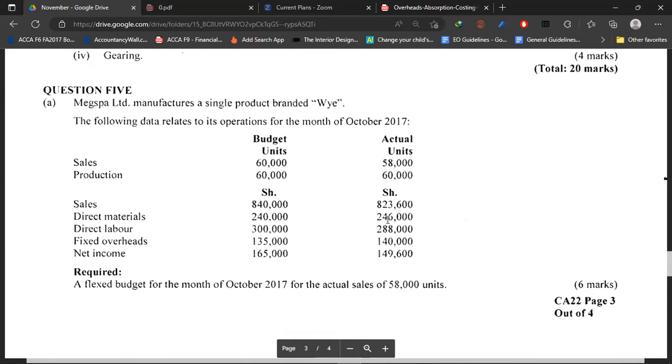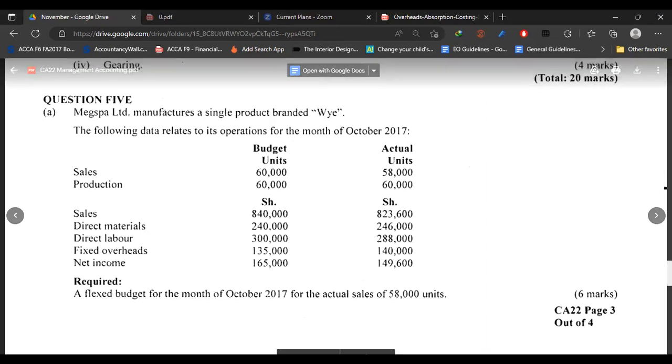Go on. 5A. Megspar Limited manufactures a single product branded WYE. The following data relates to its operation for the month of October 2017. We have the budget and the actual: sales, production, direct materials, direct labor, fixed overheads, net income.